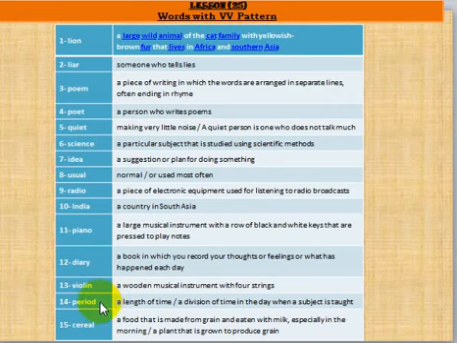Okay, 2 sessions, they will be period. Number 15, cereal. Cereal is a food made from grain and eaten with milk, especially in the morning. Or a plant that is grown to produce grain. This is cereal.